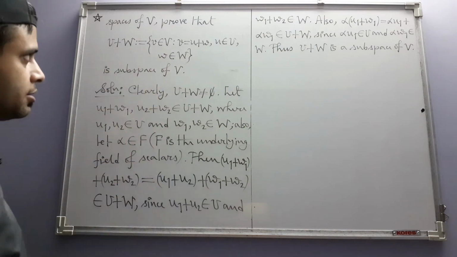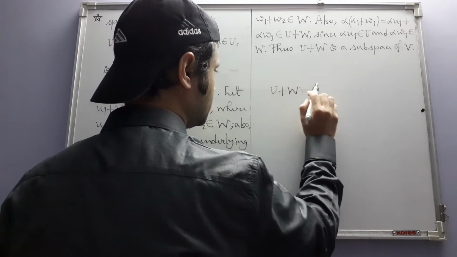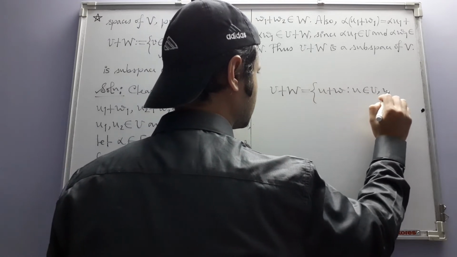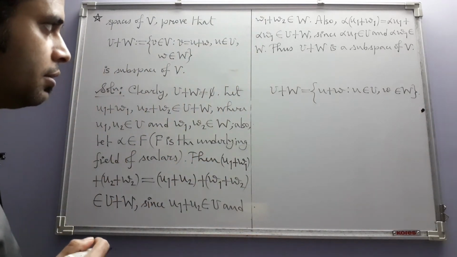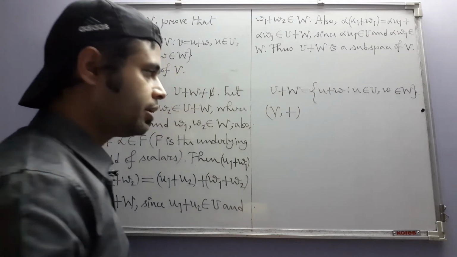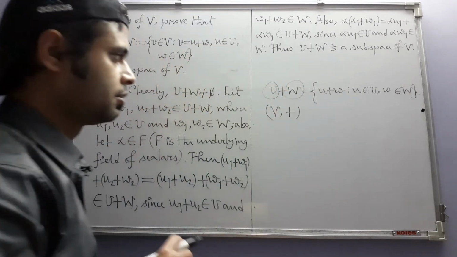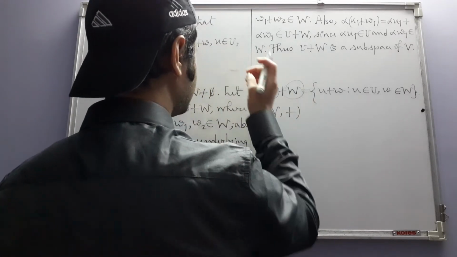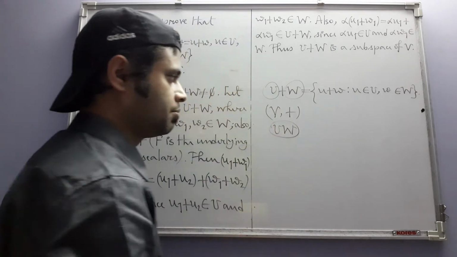Look at this U plus W. The elements in U plus W look like this, because that's what the definition says. Now we know that our original vector space is an abelian group under addition, and being subspaces U and W are subgroups of V under addition, and this U plus W is actually nothing but the product UW in that subgroup.